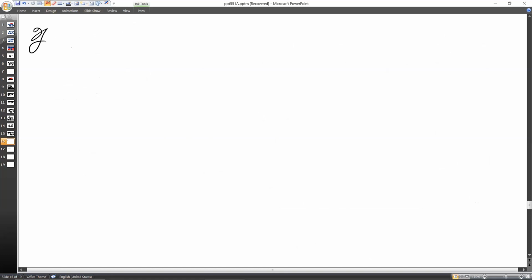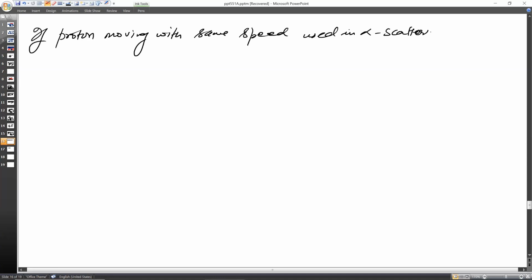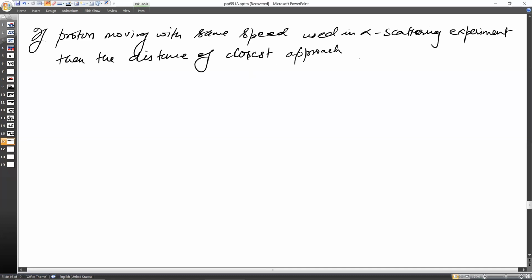If a proton is moving with the same speed used in the alpha scattering experiment, then the distance of closest approach becomes how many times? Questions from the Rutherford model only come from this portion, closest approach, and sometimes the drawbacks are asked.